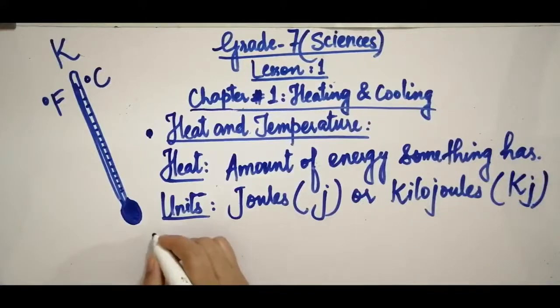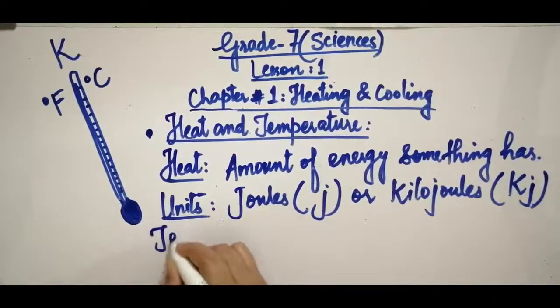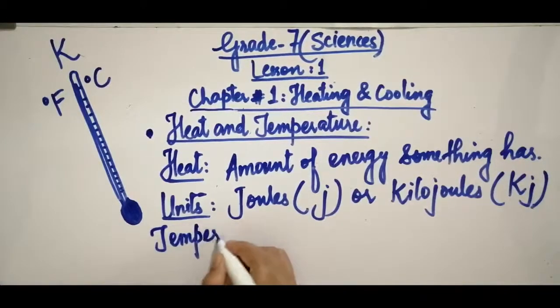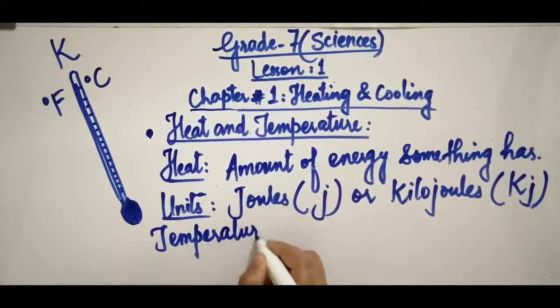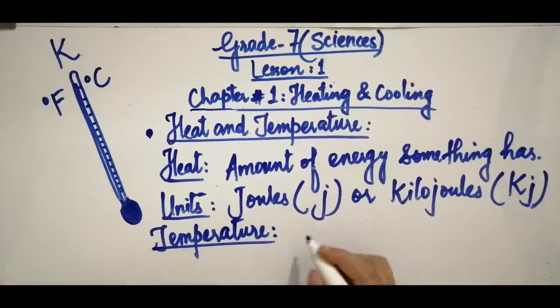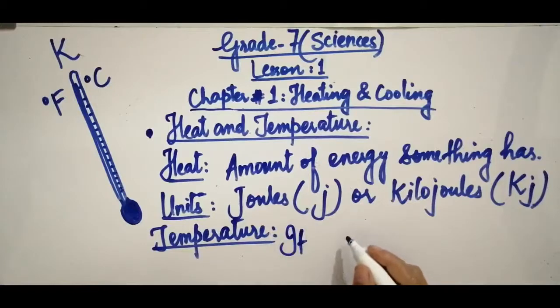Now in a similar manner, what is temperature? Are temperature and heat the same thing? No, they are different from each other. Temperature is the degree of hotness or coldness of something.